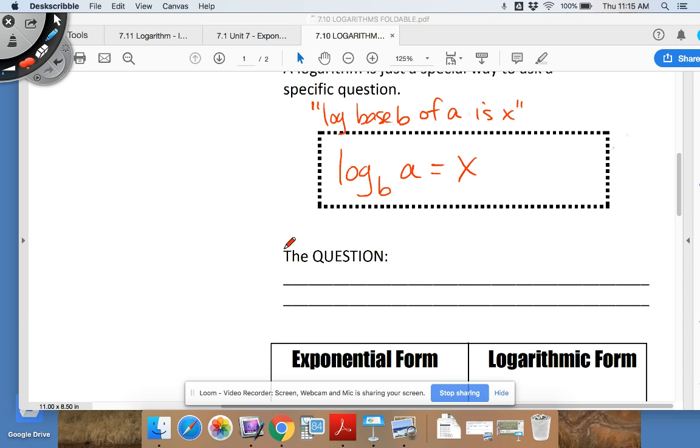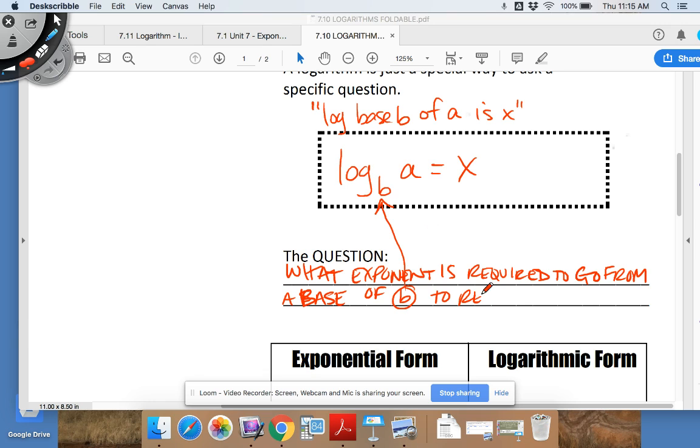And so the specific question that we're looking at is what exponent is required to go from a base of b, this base of b, to reach a value of a, or this value.